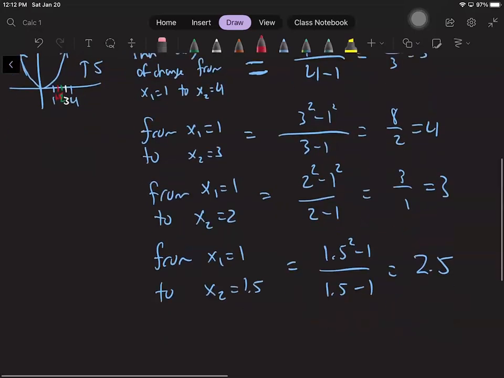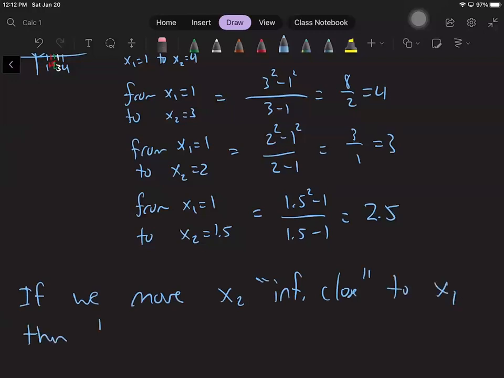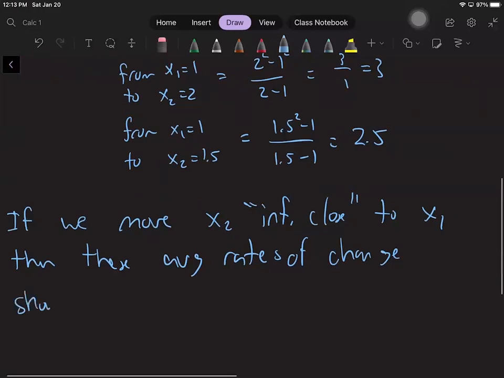And what's that supposed to be doing? Well, conceptually, the idea is that if we move x to infinitely close, whatever that means, that's what we need to learn about with limits, to x1, then these averages, the average rates of change, should go toward the instantaneous rate of change.